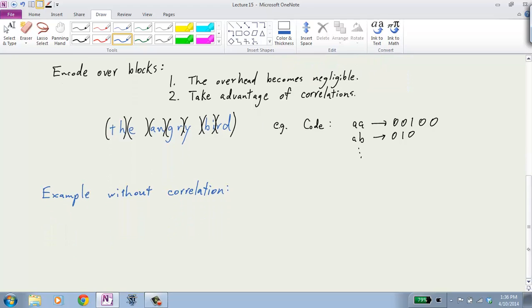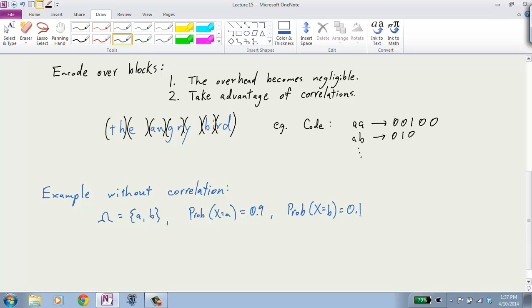First of all, let omega equal these two values, A and B. Those are the letters we're looking at. Let's say the probability that x equals A is 0.9, and the probability that x equals B is 0.1.